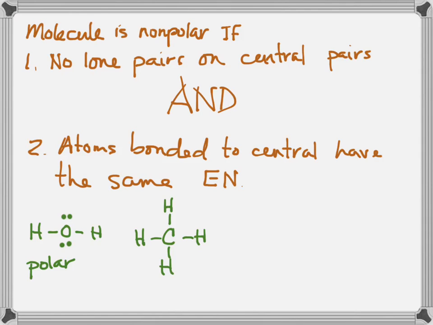Any lone pairs on the central atom? No. Do all the atoms bonded to the central atom have the same electronegativity? Yes. So then what can we say about this molecule? It's nonpolar. Usually this little hack will give us the same results as thinking about adding vectors.